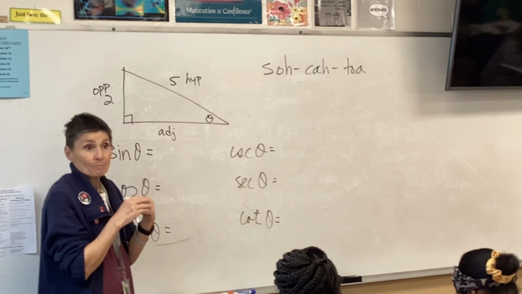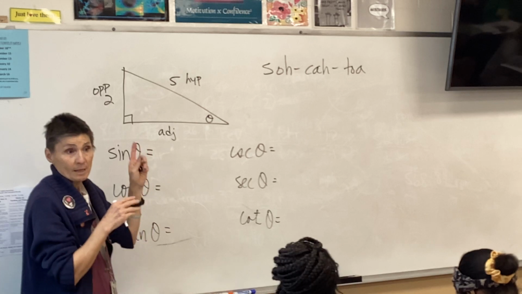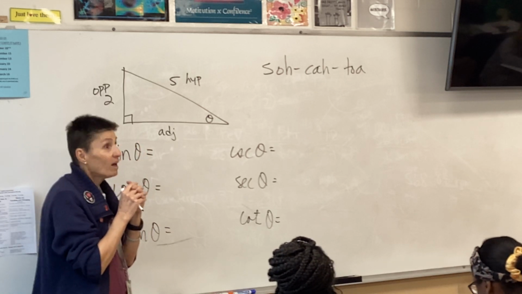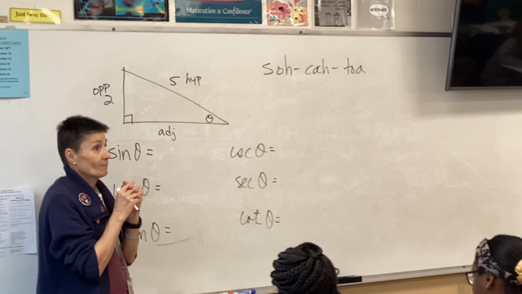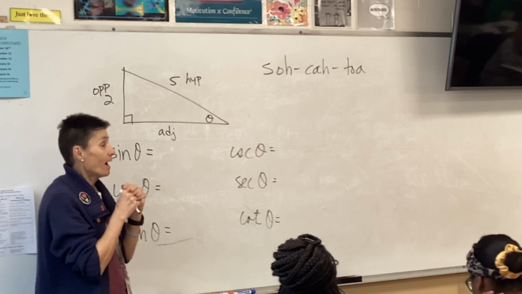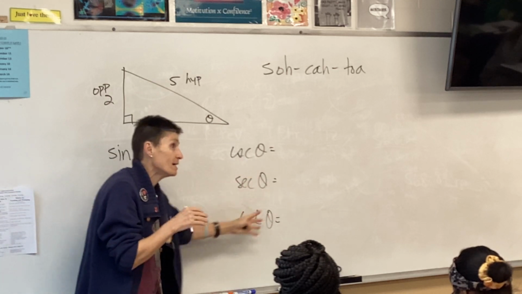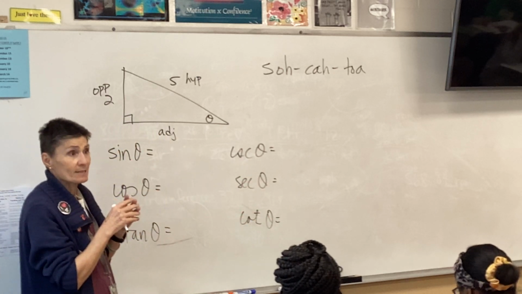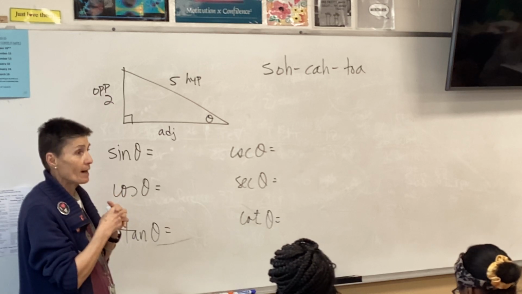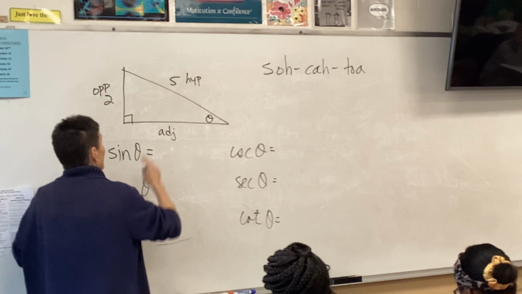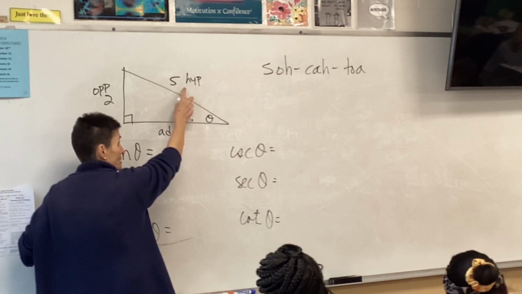Now, take a look at your picture. I think there's something missing. Yes, the adjacent side. Before I can start filling all these in, I need to find the adjacent side. How do you suggest I do that? Pythagorean theorem. So be careful. That's the hypotenuse.